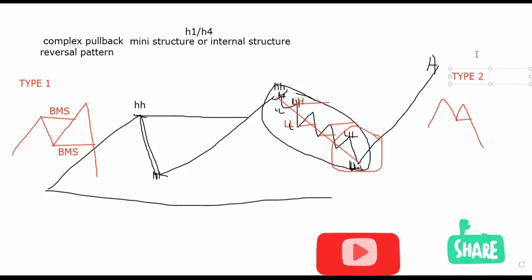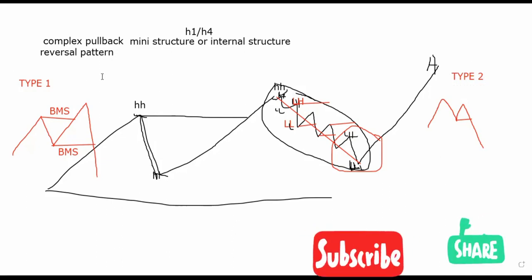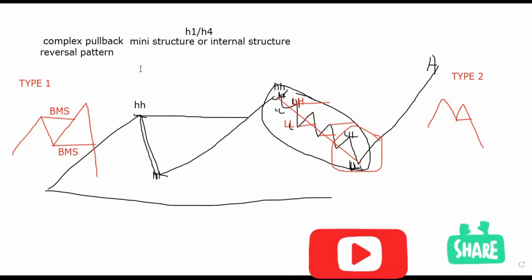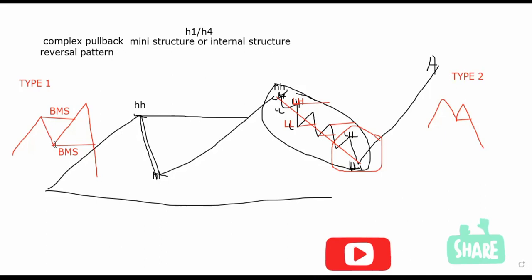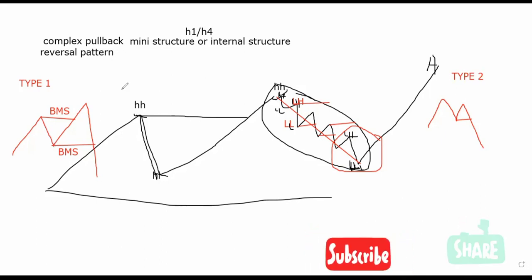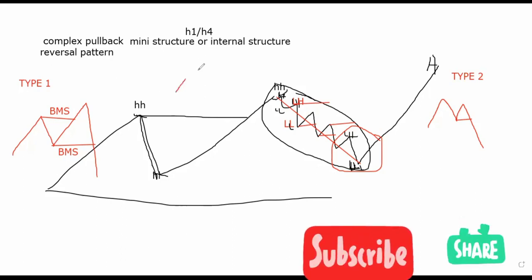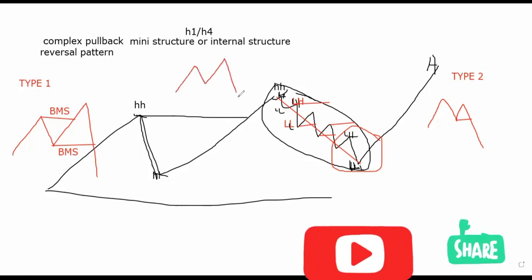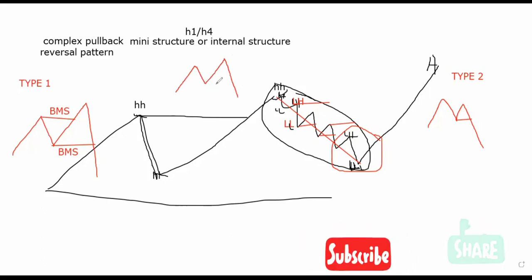So the third one now is what we call type 1.1. All right. The difference there now is still the same pattern, but the only difference is that now you have it like this. Let me put it there. This is a BMS, right?